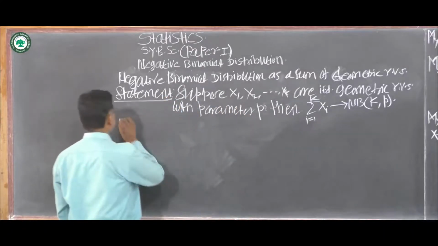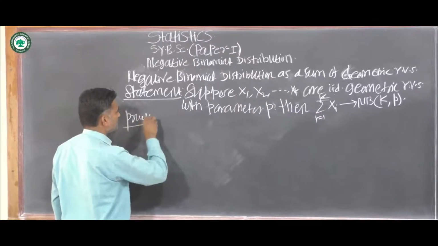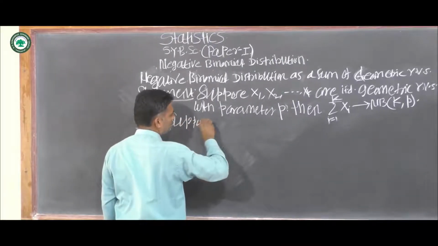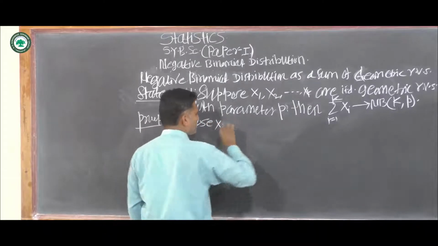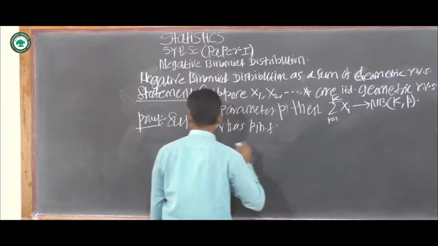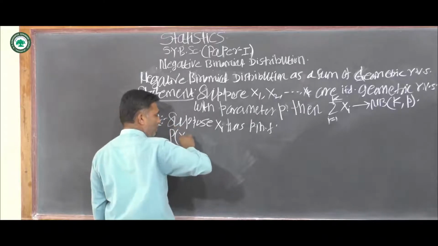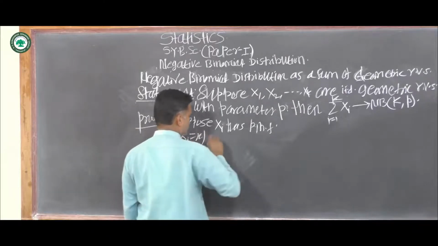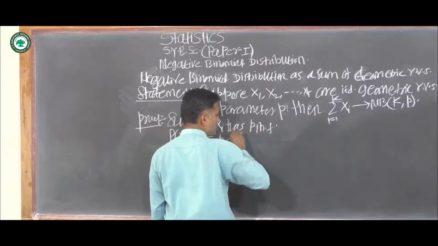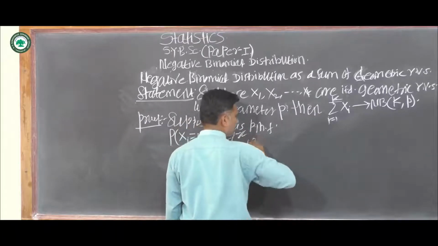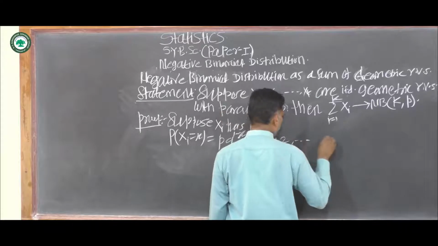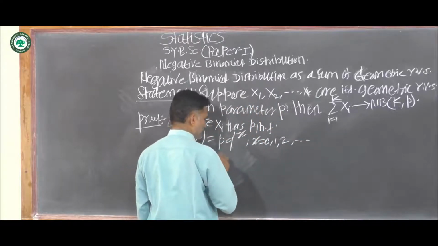Now we prove this one. Proof. Suppose xi has PMF, probability of xi equal to x is equal to p into q raised to x, where x takes values 0, 1, 2, and so on, and 0 otherwise.